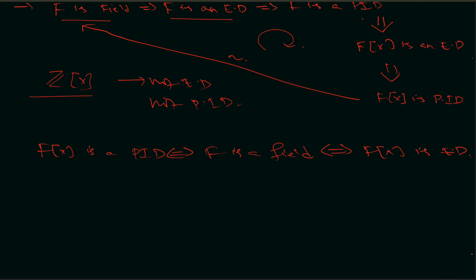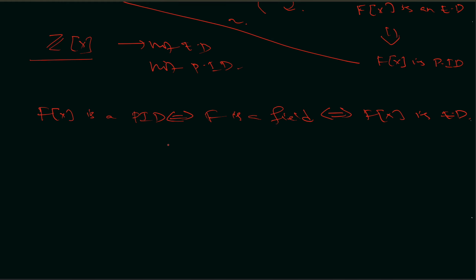Euclidean domain. Okay, so now what you know is that ED, Euclidean domain, is properly contained in PID. What is the example, a proper example? Z[(1+√-19)/2].